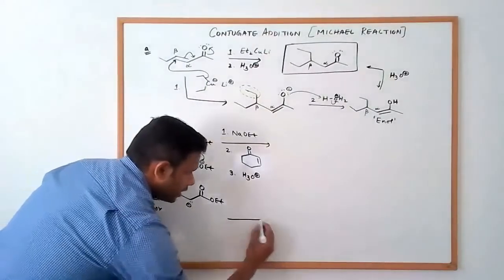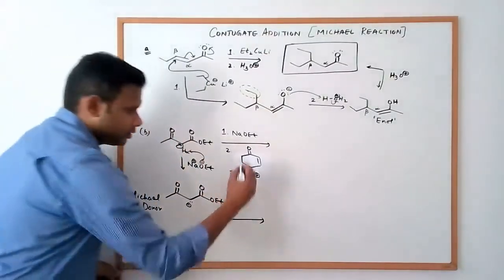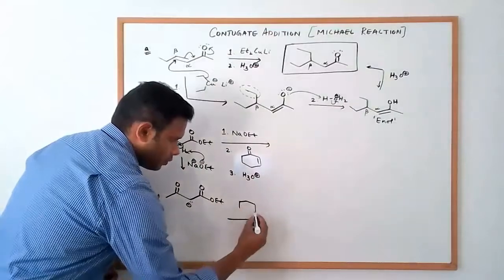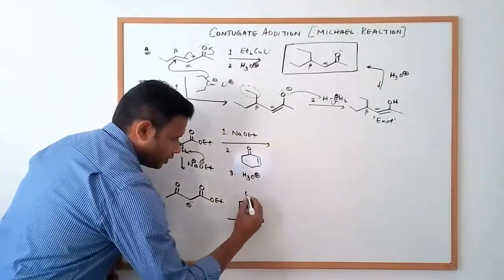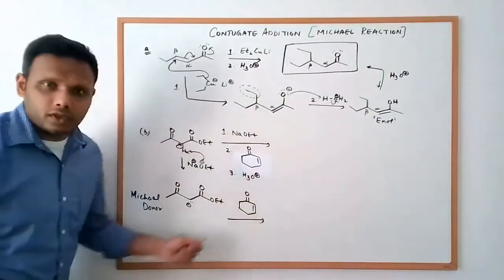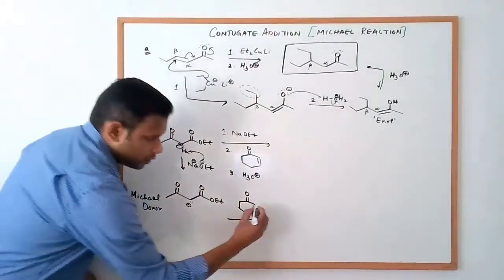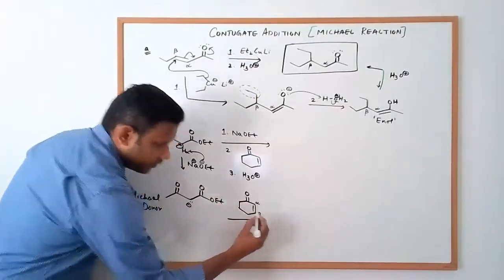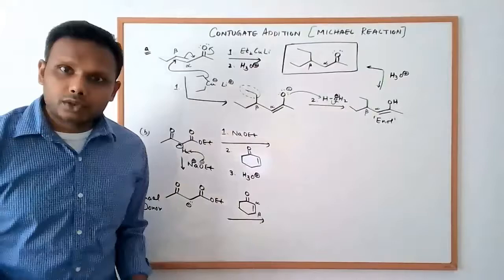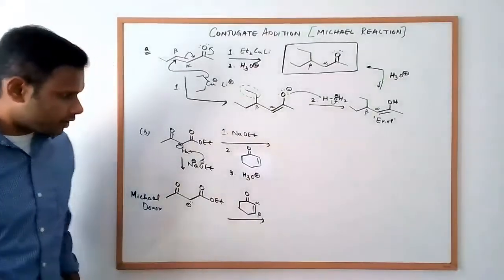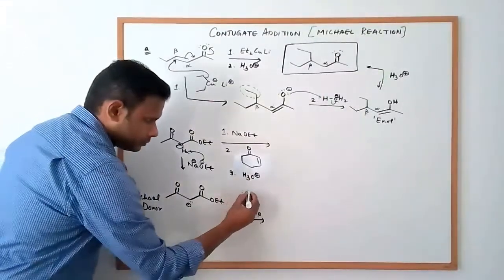And so now we react this enolate with this compound, which notice is an alpha beta unsaturated compound. Okay, so it is an alpha beta unsaturated compound.